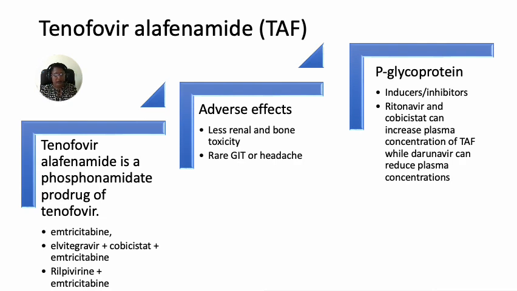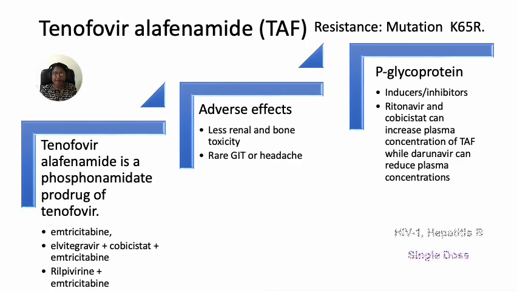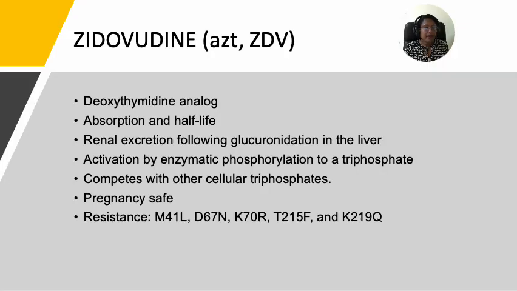So tenofovir alafenamide together with ritonavir and cobicistat, which is another class of antiretrovirals, can increase plasma concentrations, while the other class, darunavir, reduces plasma concentration. Of course, resistance is associated with a different type of mutation, and it's usually used in a single dose against HIV and hepatitis infections.